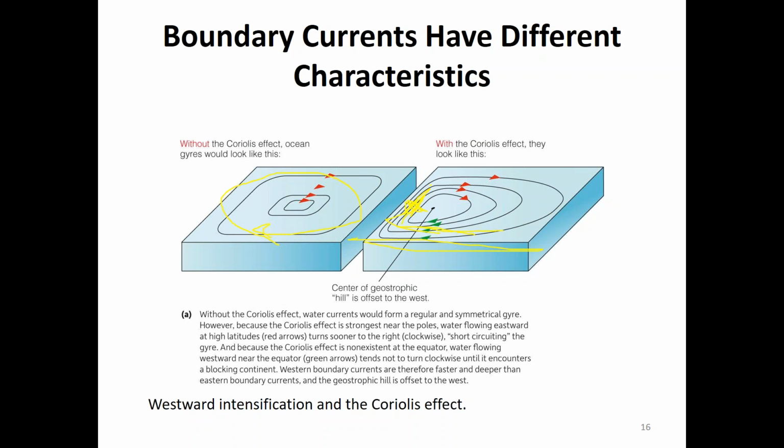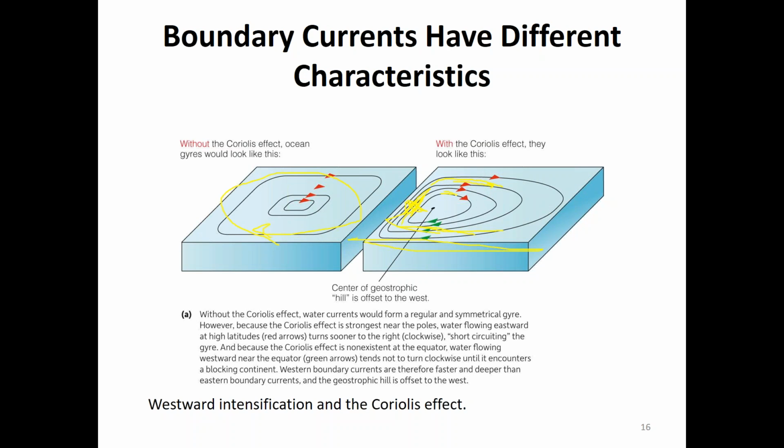But then as this water begins to flow to the east at the top of the basin, it's at higher latitude, so the Coriolis effect is stronger. And so the Coriolis effect is going to deflect the path of the water more significantly. Since it's the northern hemisphere, if you can imagine yourself moving with that water, its path is deflected to the right.